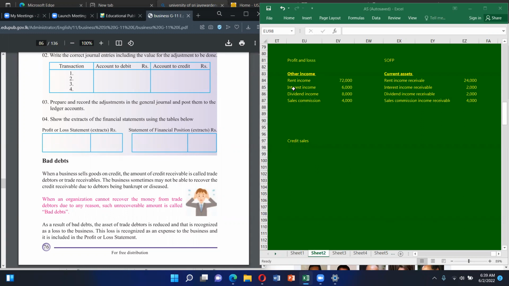Double entry for credit sales. Vinuti? Debtors account debited, sales account credited. Debit debtors and credit sales.